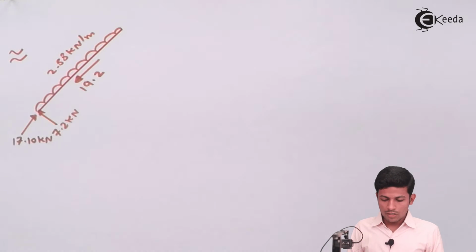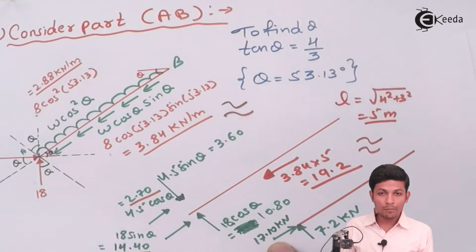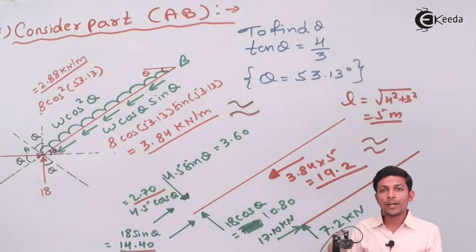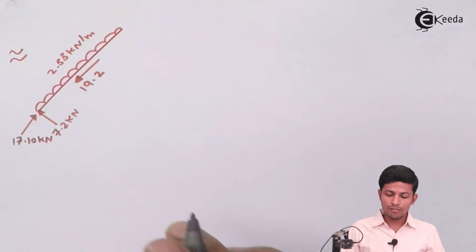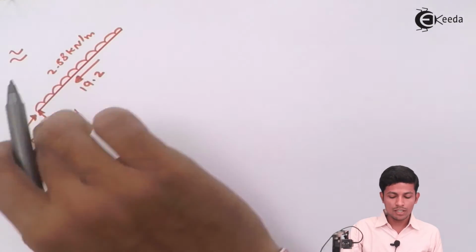Now see, now we have drawn the diagram. Now see what we have drawn. We have drawn the main one, this 7.2 kilonewton and 17.10 kilonewton. After that we have drawn the UDL and UVL plus these two.